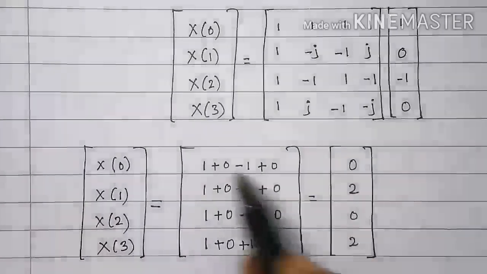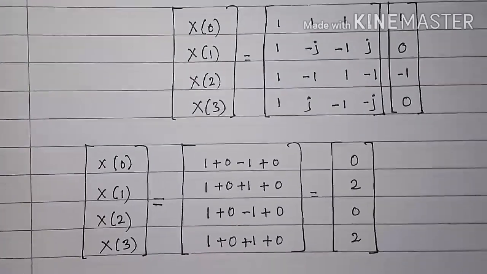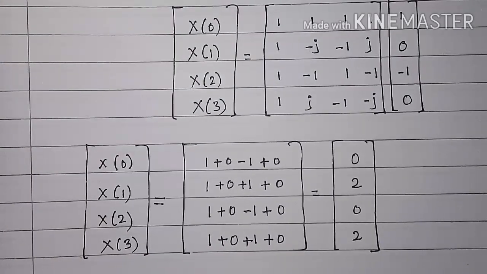Simplifying, we finally get 1 minus 1 equals 0, 1 plus 1 equals 2, 1 minus 1 equals 0, 1 plus 1 equals 2. So now you can understand how fast we have calculated the DFT of a given sequence by using the matrix method. Okay.